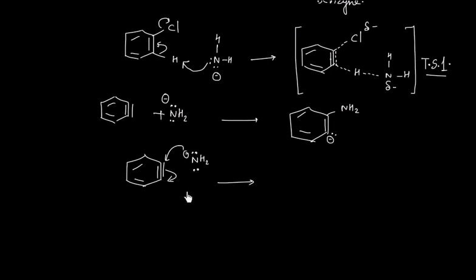So this is happening in this case. So nitrogen carbon bond is formed. So there is a partial bond formation between nitrogen and carbon. This bond is slightly broken. This carbon will have some negative charge. Nitrogen will lose some negative charge. So this is transition state 2.